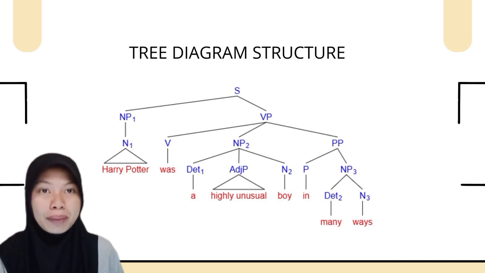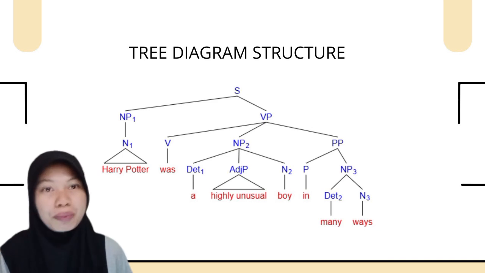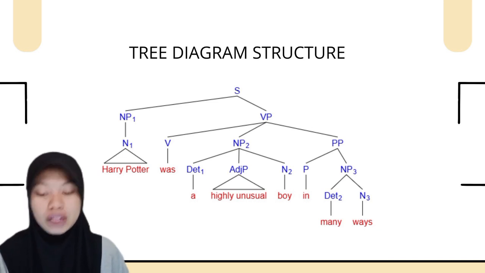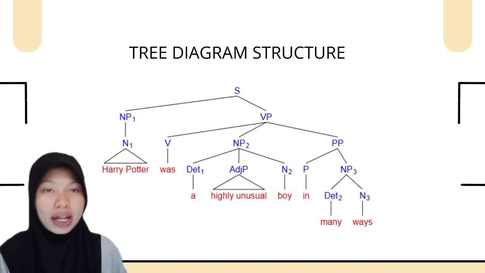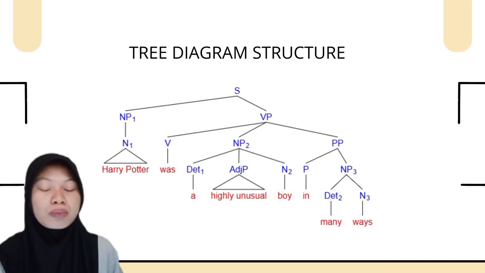Next is the PP or the prepositional phrase. It acts as the modifier. The preposition P is introducing the phrase. The NP3 inside is many ways, where the determiner many modifies the noun ways. So the PP in many ways functions as an adverbial phrase explaining how Harry was unusual.